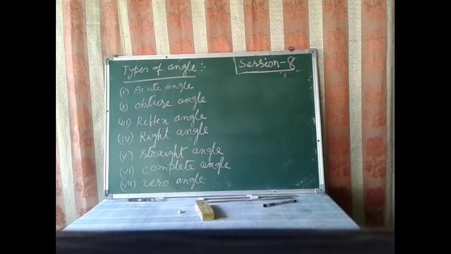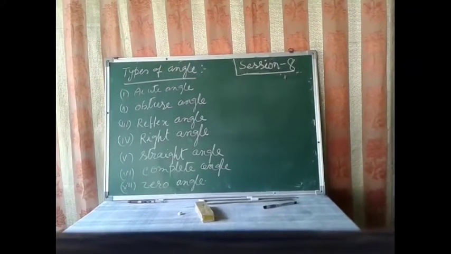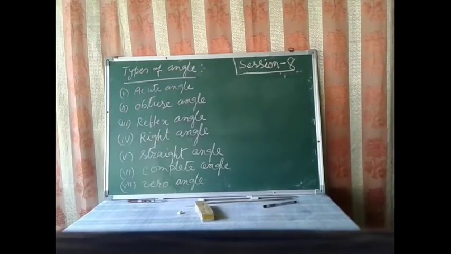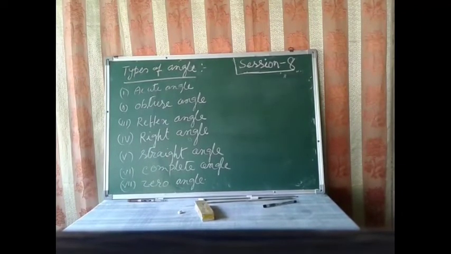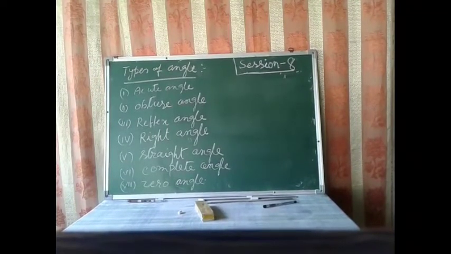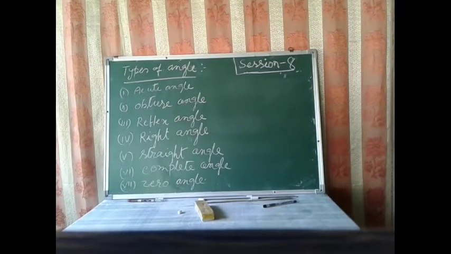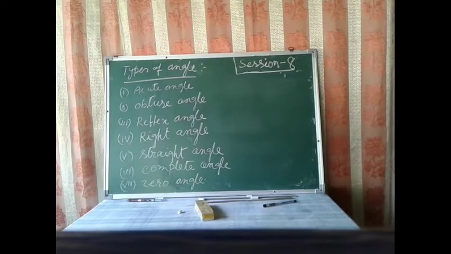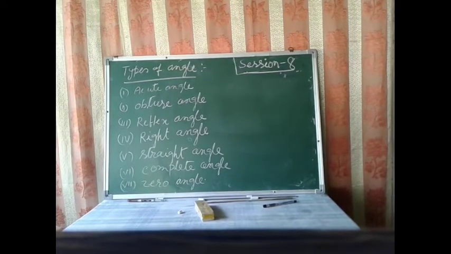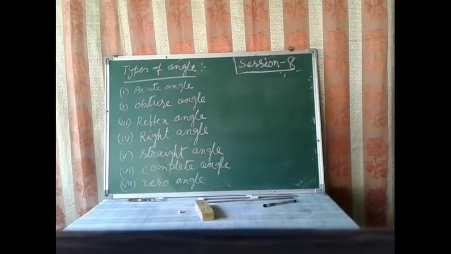That means a complete angle equals 360 degrees. So a 360 degree angle is known as a complete angle. When this one turn is divided into 360 equal parts, each part is called 1 degree. Therefore, the unit degree is denoted by a small circle. This is about the complete angle.